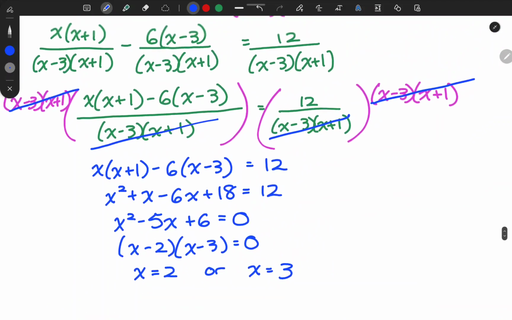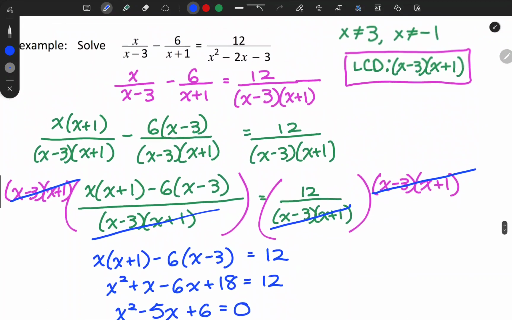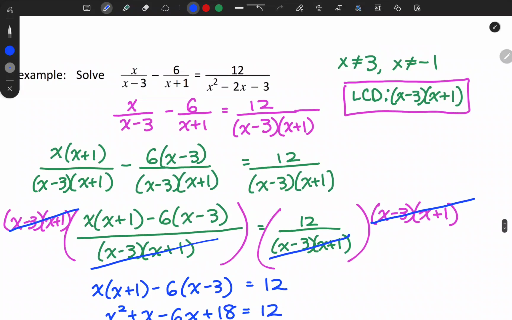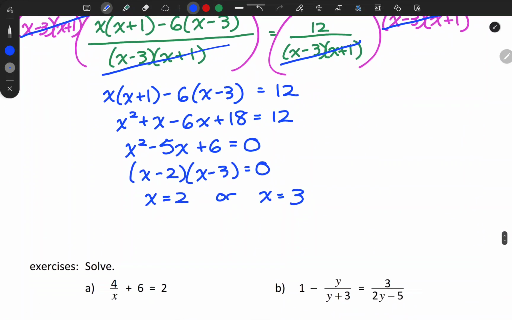So we have two potential solutions, but if we go back to our restrictions, x cannot be 3, x cannot be negative 1. So this one actually has to be rejected. This one is fine. So check against restrictions.